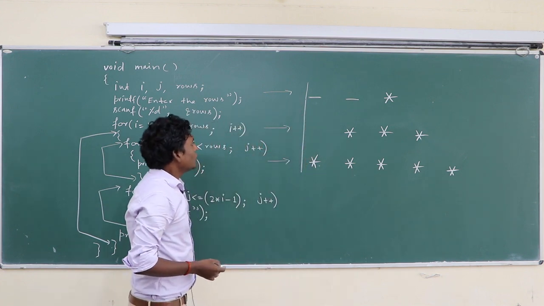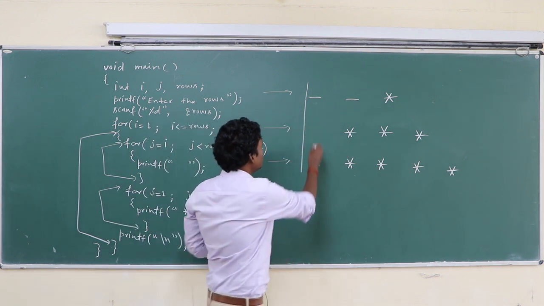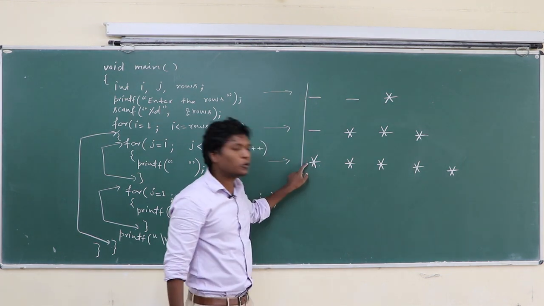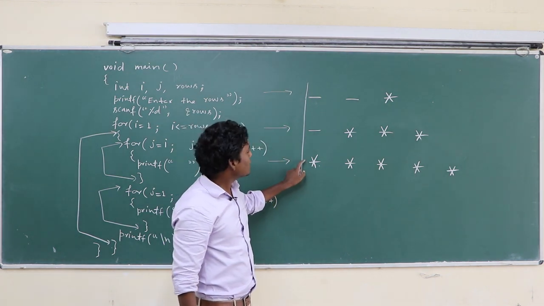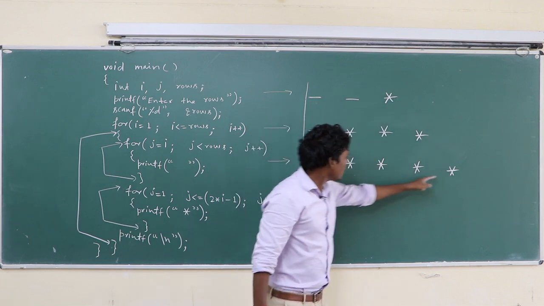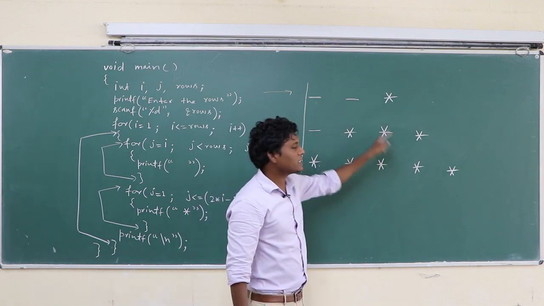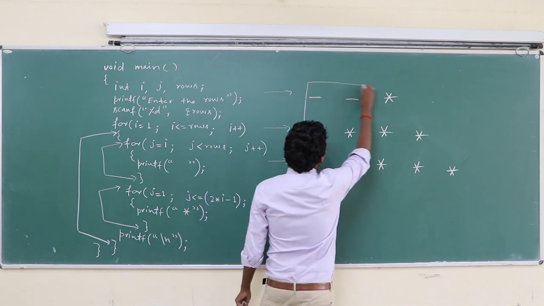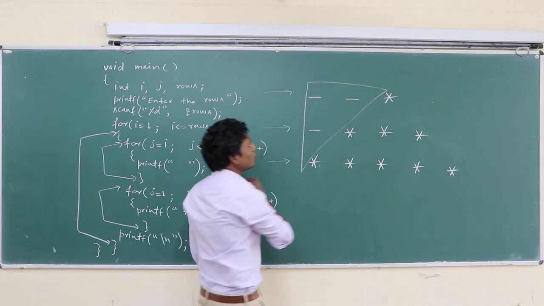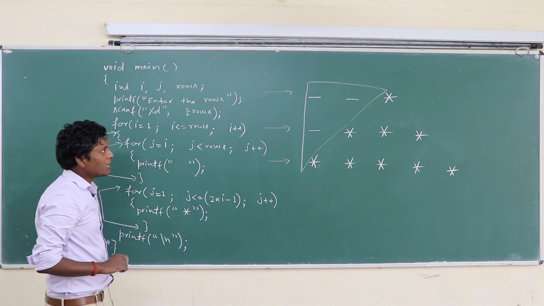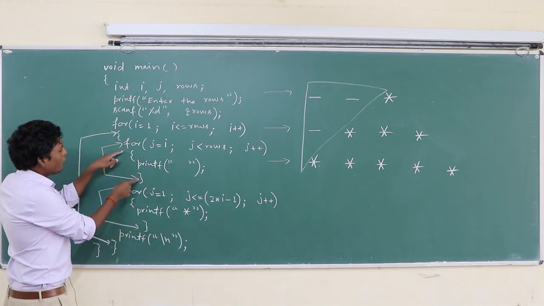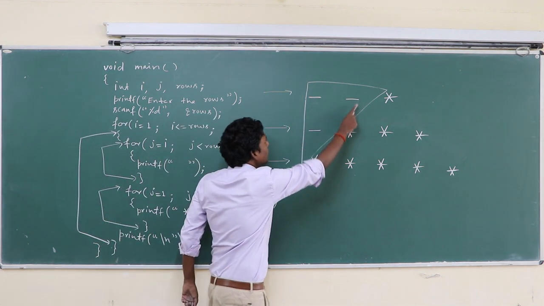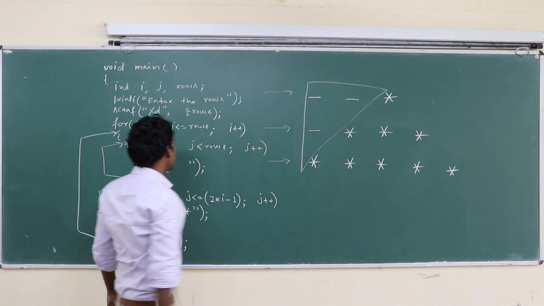Okay, class. To print this star, there is a need for one more blank space here. To print this star, there is no need for a blank space here. So, class, to print this pyramid of stars, we have to print a small blank space triangle also. So this for loop prints this triangle of blank space.